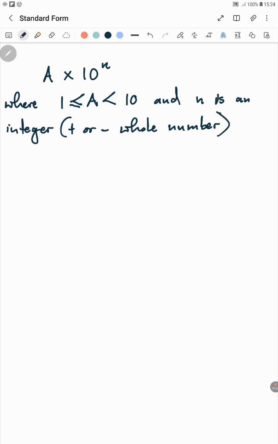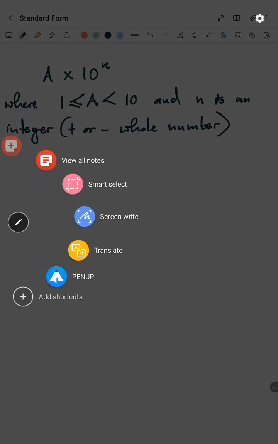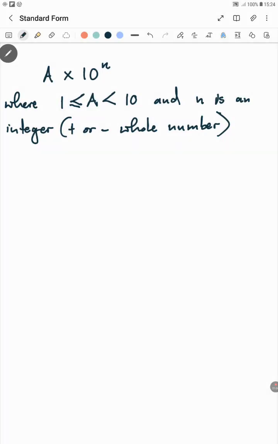So I'm just going to look at a couple of examples, some that are very easy. Let's say we have 1000 and we are asked to express 1000 in the form a times 10 to the power n.